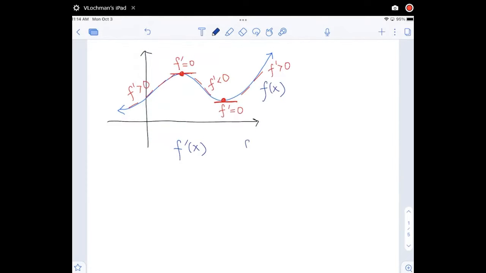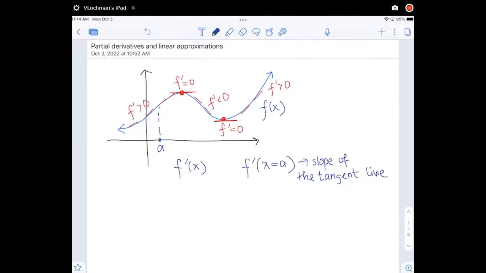So if I evaluate my derivative at a particular point, say this is point A right here, then this is the slope of the tangent line. Hopefully this rings a bell.